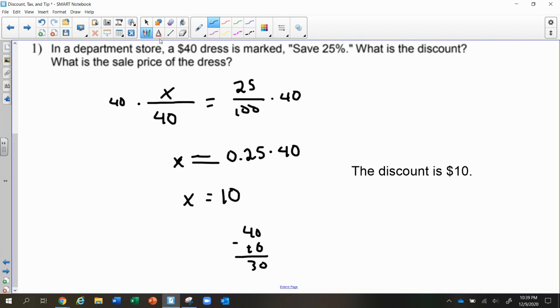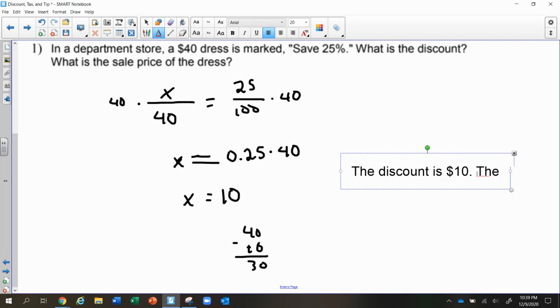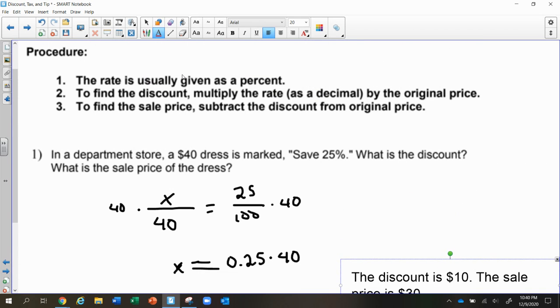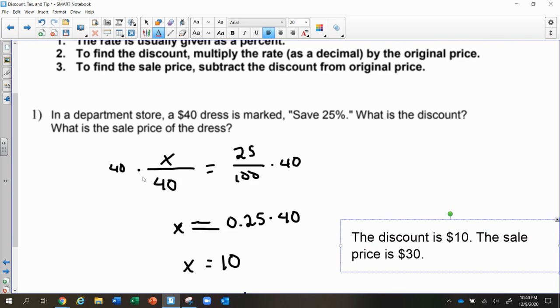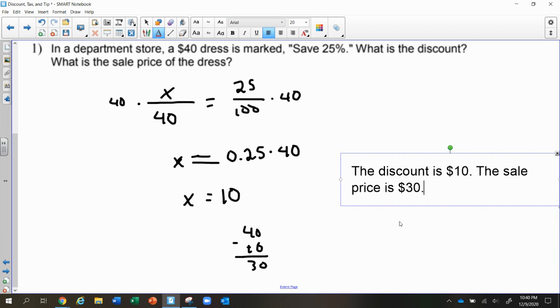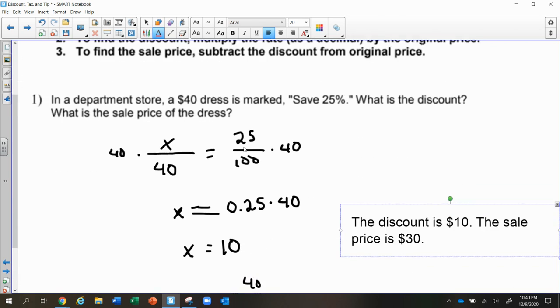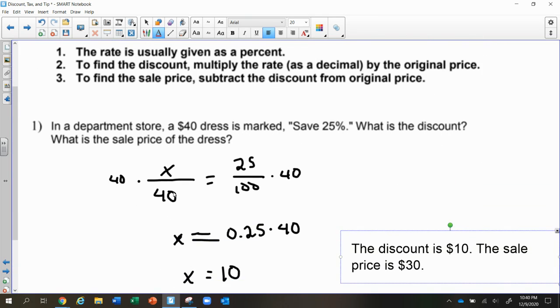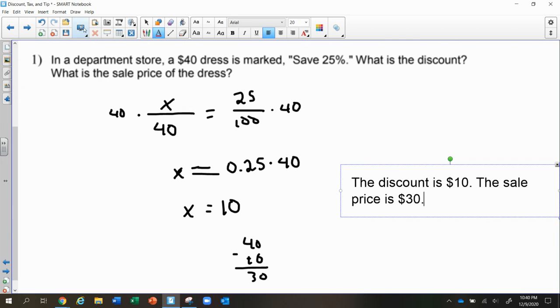The sale price of the dress is 30. So simple as that. We can use that percent proportion or follow the procedure there. I like using the percent proportion because it's the same setup for every question that you're looking for. All right, so that is discount, or the other word for that was markdown, because it's marked down to a lower price.